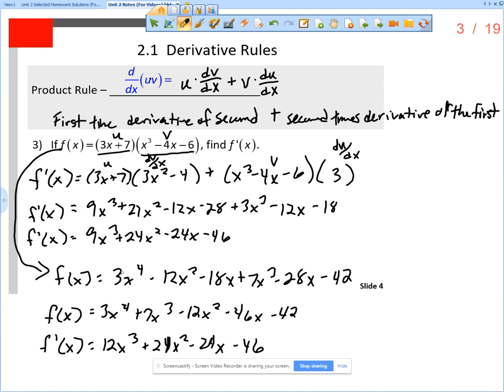All right, so looks like I made a mistake somewhere in my work earlier. I had a 9x cubed and a 3x cubed. That should be 12x cubed.